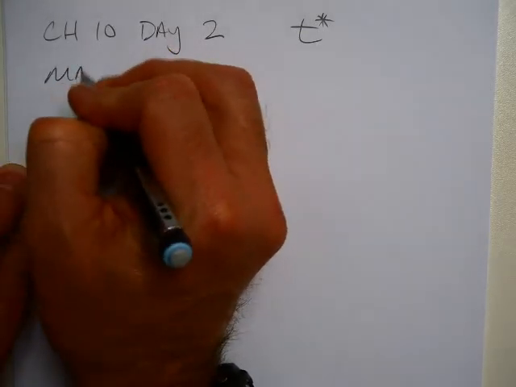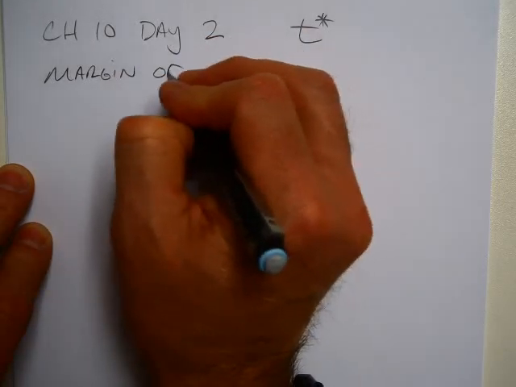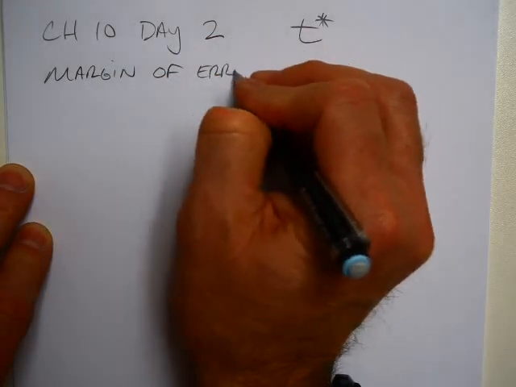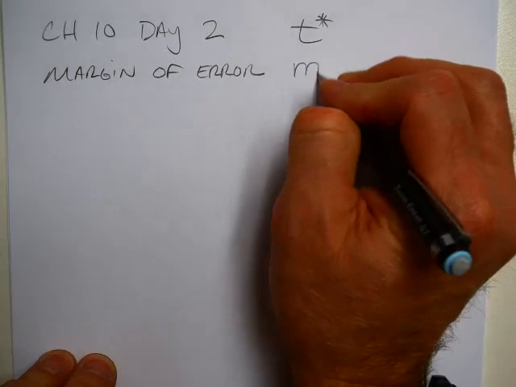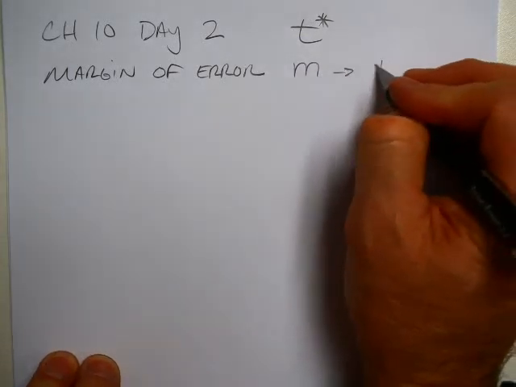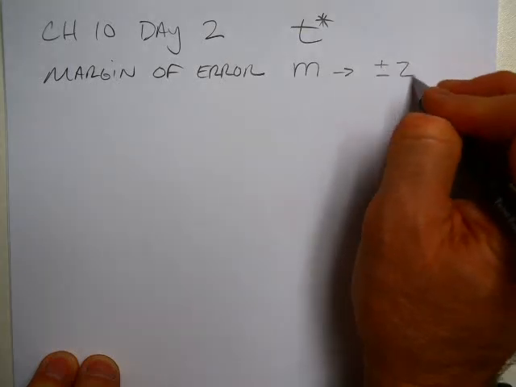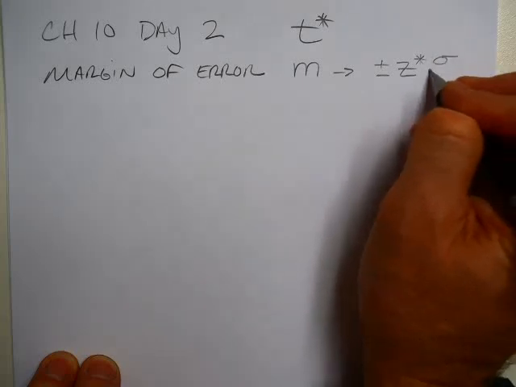So, margin of error. We mentioned it the other day. The margin of error, M, is just the back half of these calculations, plus or minus Z star times sigma over root n.